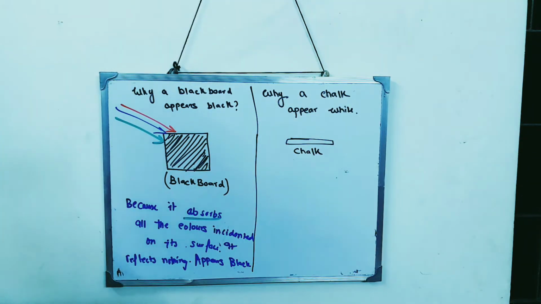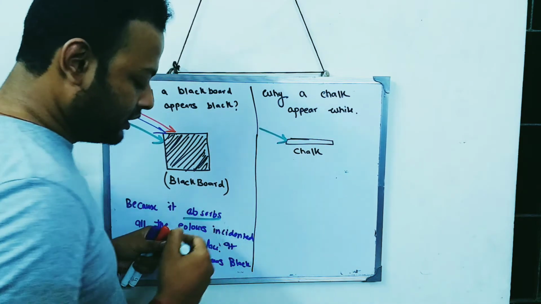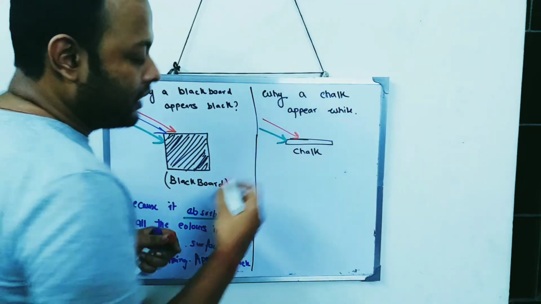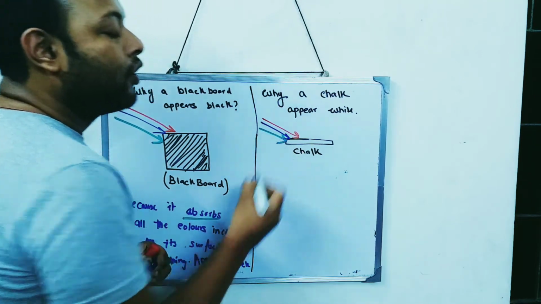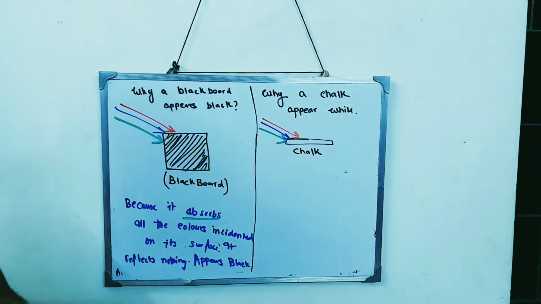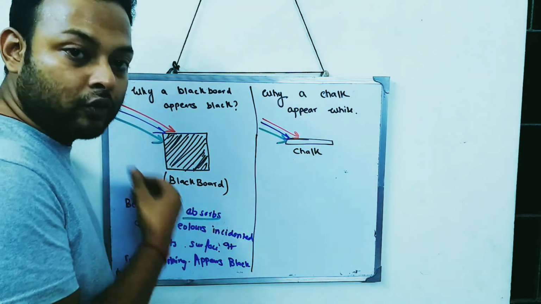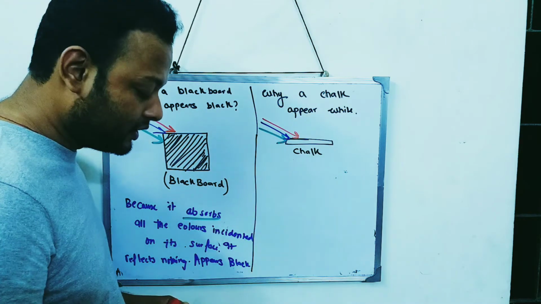Now what happens in the case of chalk? In the case of chalk, if all these three colors are coming, the green color, the red color, and the blue color, the chalk appears white because it reflects all the colors. The black object was reflecting no color; here it is the opposite scenario where it reflects all the colors.